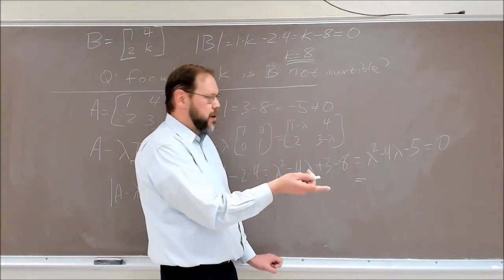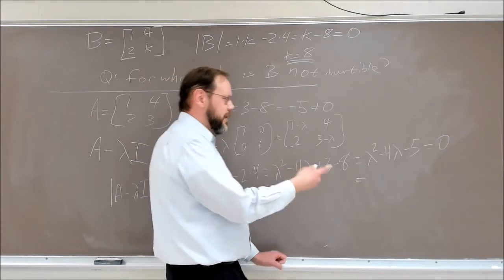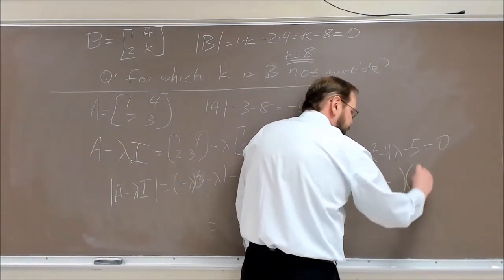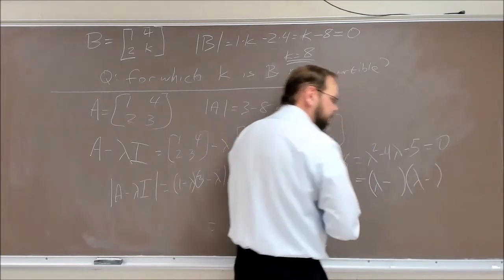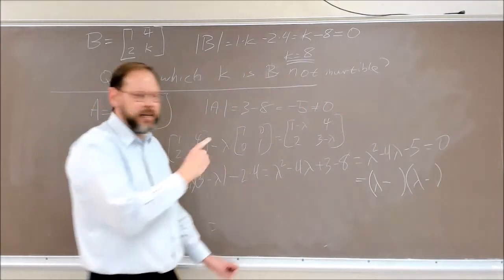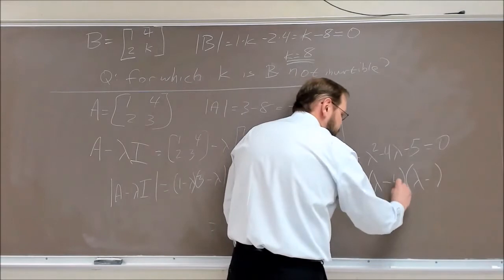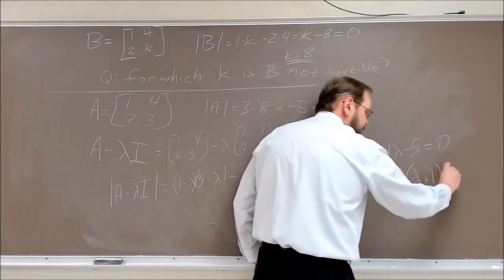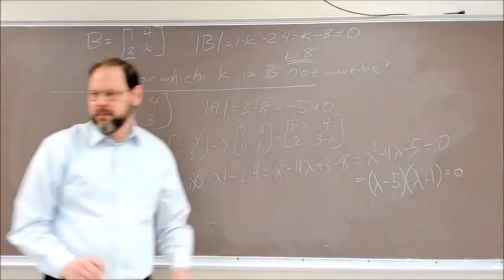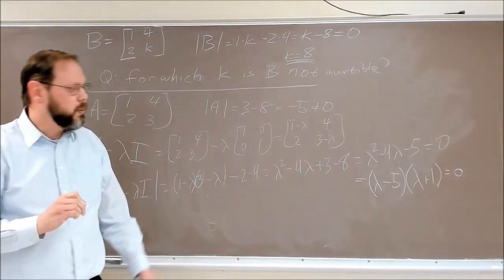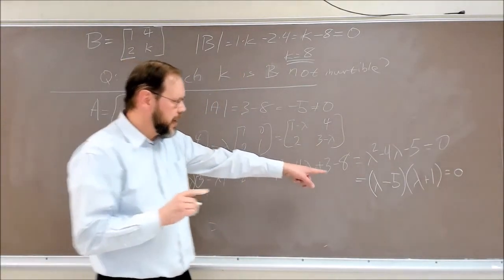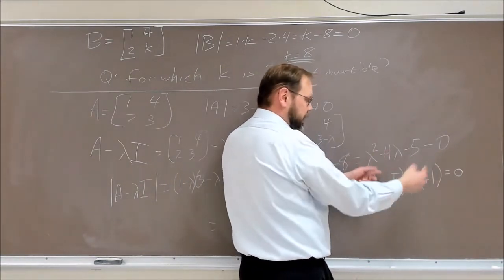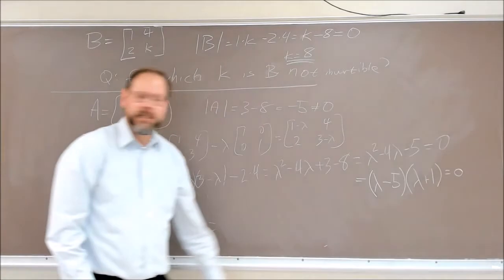I know the product is equal to negative 5. I could do something like lambda minus something, lambda minus something, and I can pretty easily see a minus 5 and a plus 1. I can double check: lambda squared minus 4 lambda minus 5 equals 0.